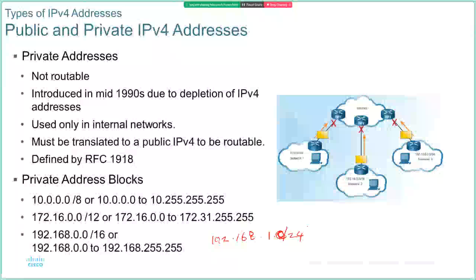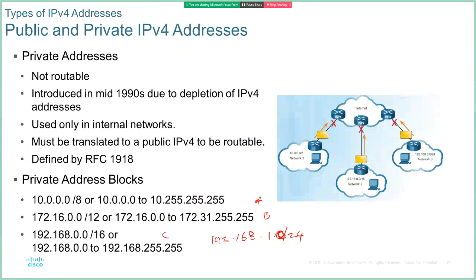And of all these networks, the 10 network is what used to be known as Class A, the 172.16 to 172.31 was known as Class B, and the 192.168 address range was known as a Class C private address network.